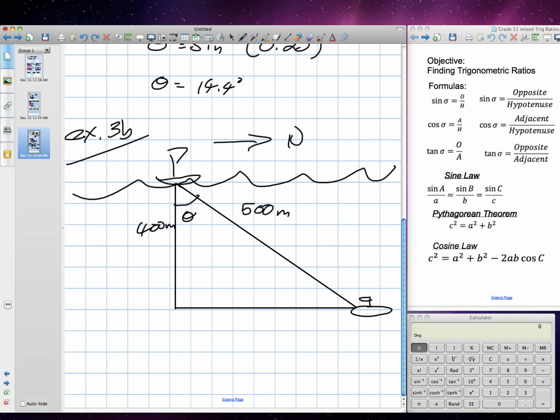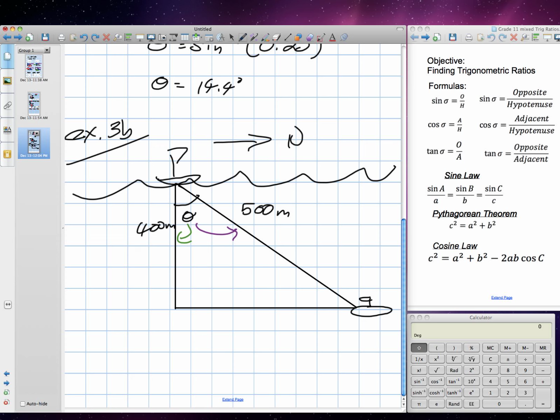Okay, so we got to define the sides of the triangle we have. 400 would be considered what side of the triangle relative to our angle? This is the adjacent side. Okay. And what would 500 be considered? That's right. This would be our hypotenuse in the question. So we're going to set up which of the ratios?